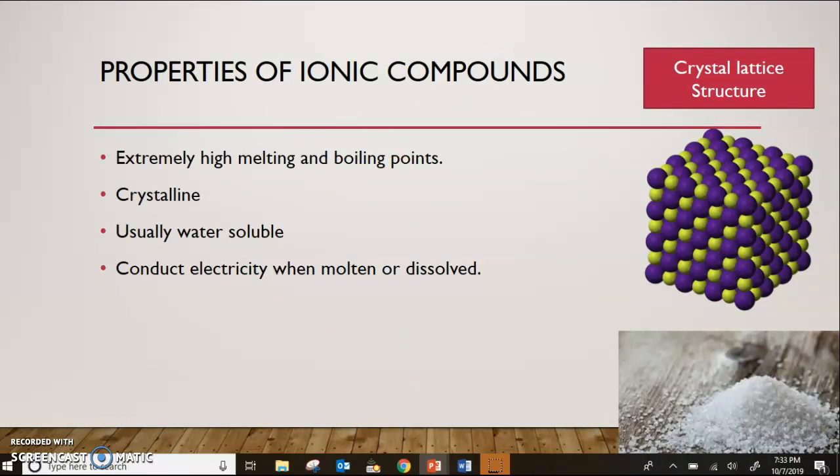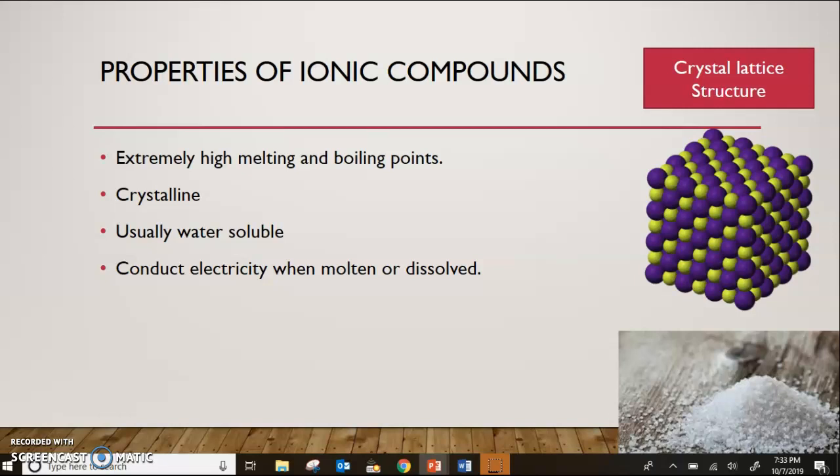The properties of ionic compounds: they have incredibly high melting and boiling points. They're crystalline structures, they're salts. All ionic compounds are salts, and not just table salt. Any type of ionic compound is classified as a salt. For instance, the Epsom salt that you put into your bathtub if you have sore muscles is magnesium sulfate.